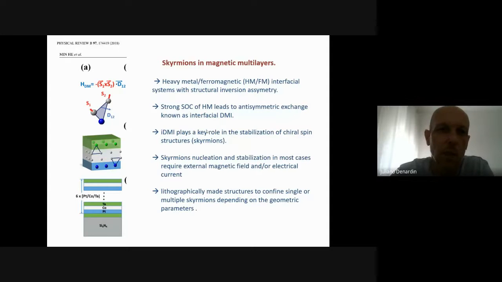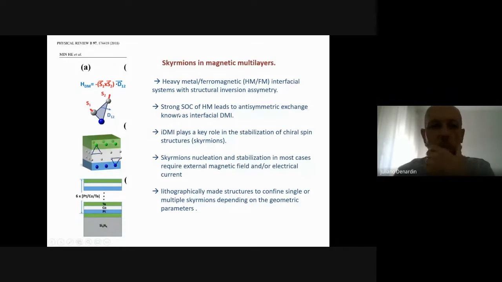Skyrmions in magnetic multilayers usually occur at the interface between a heavy metal and a ferromagnetic material, in systems with structural inversion symmetry. They originate from the Dzyaloshinskii-Moriya interaction, which has this equation and is represented by this orientation of spins.